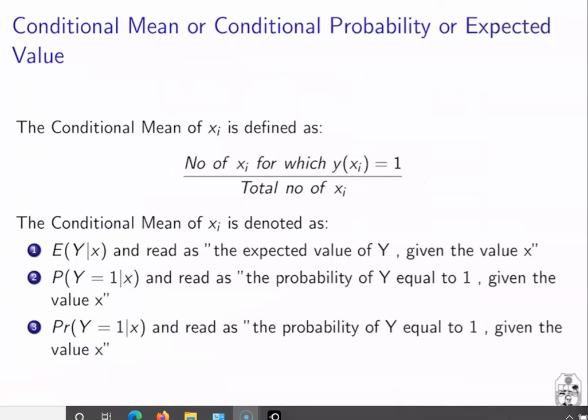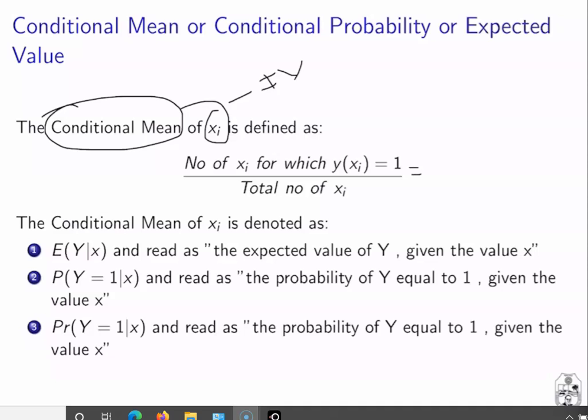Now, the important concept that we have defined in this video is the conditional mean of xi, where xi is the independent variable. It is defined as the number of xi for which y of xi equal to 1.